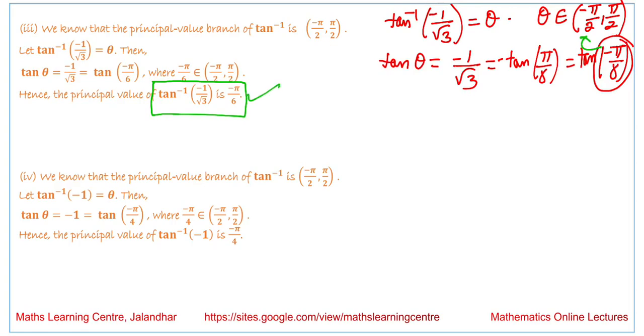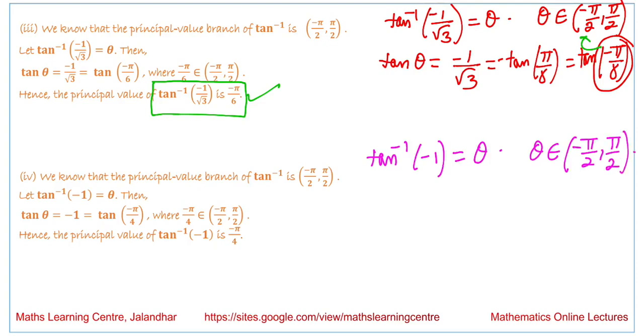The next question is to calculate the value of tan inverse of minus 1. Suppose this value is equal to theta, and this theta should belong to the interval minus pi by 2 to pi by 2.